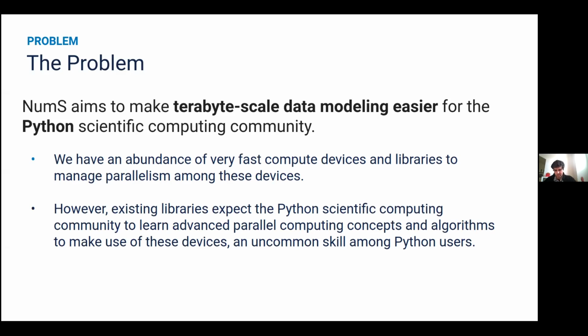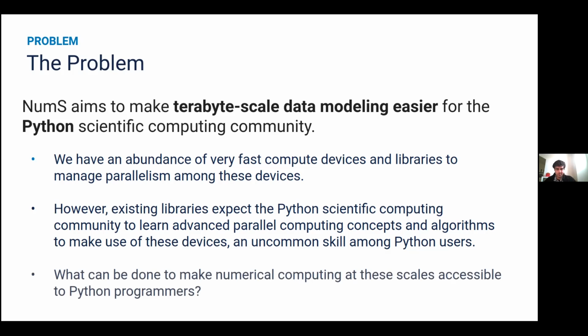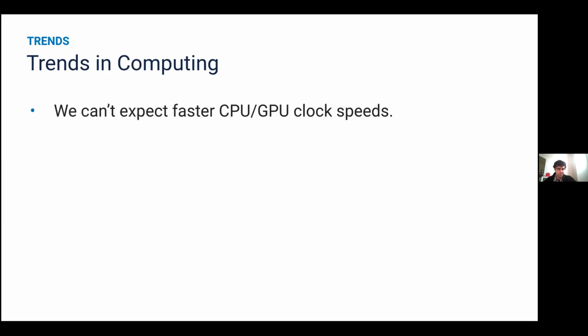They're kind of used to easier APIs. They're expecting something easy to use like NumPy or scikit-learn. So that's why we're working on NumS. And so the question is, what can we do to make numerical computing at these scales more widely accessible to Python programmers?